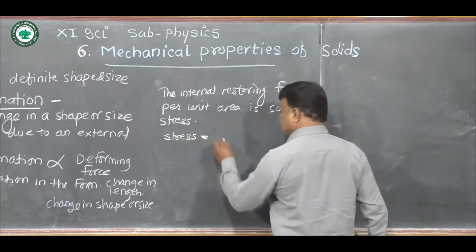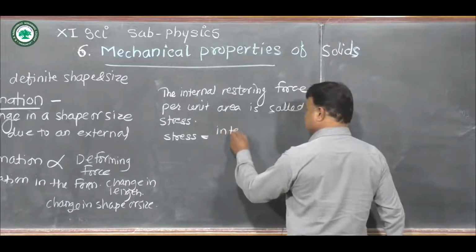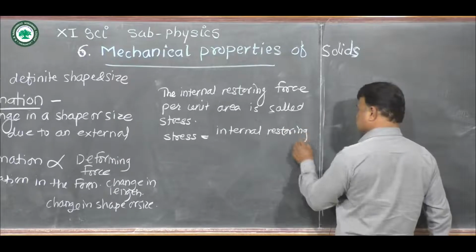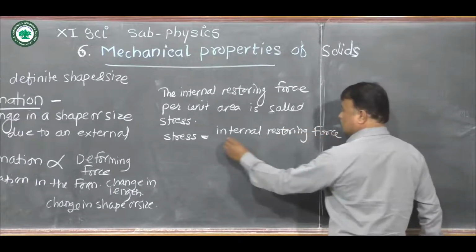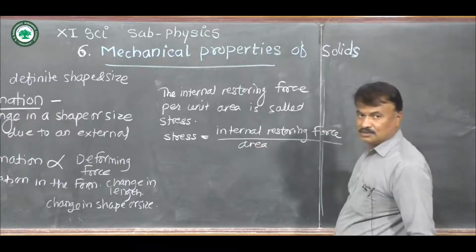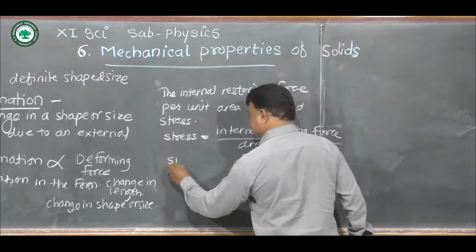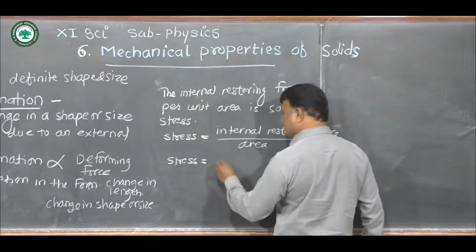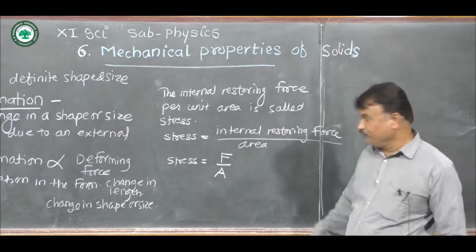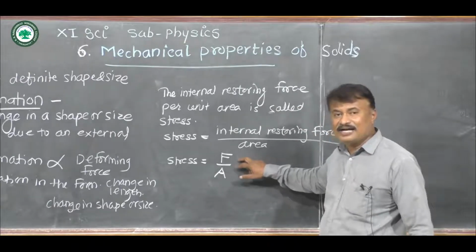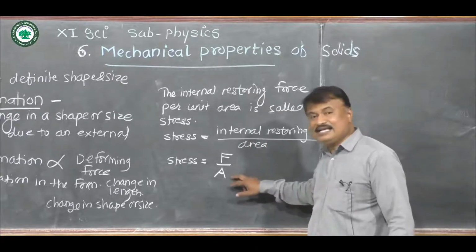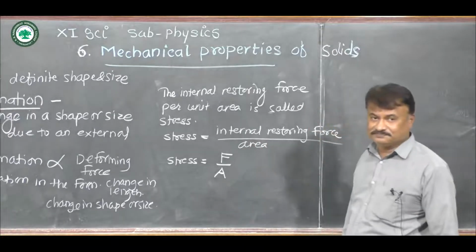Stress is equal to internal restoring force upon area. So the formula for stress is equal to F upon A, where F is applied force or internal restoring force and A is area of cross section.